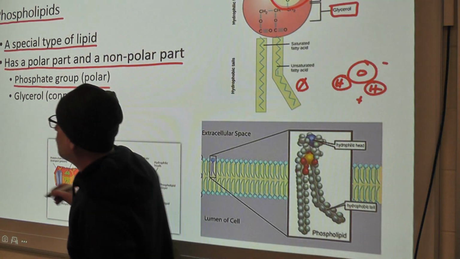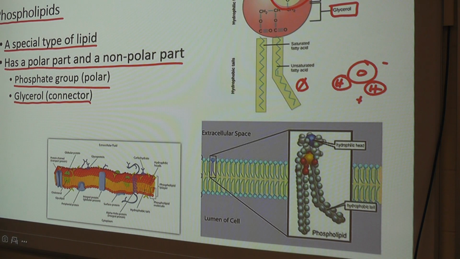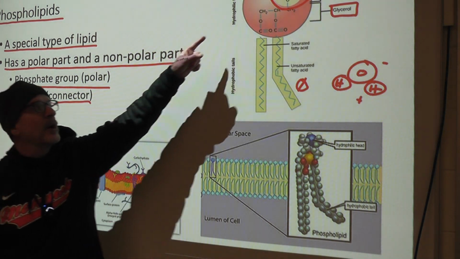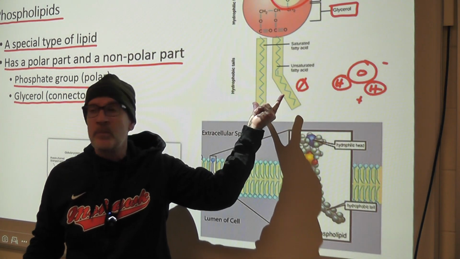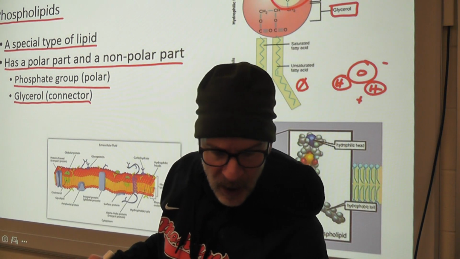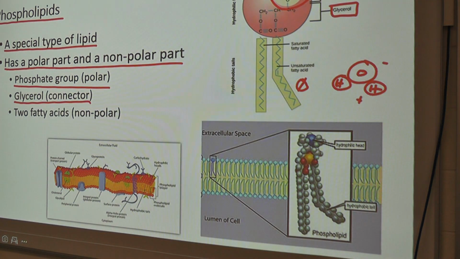And the function of this in phospholipids is it connects the polar part, the phosphate group, to the non-polar part, which are lipids. They're a special kind of lipid called a fatty acid. That's just a weird name, but actually, when you were doing your pattern matching activity, those really long things that you were looking at, those are fatty acids. Right?